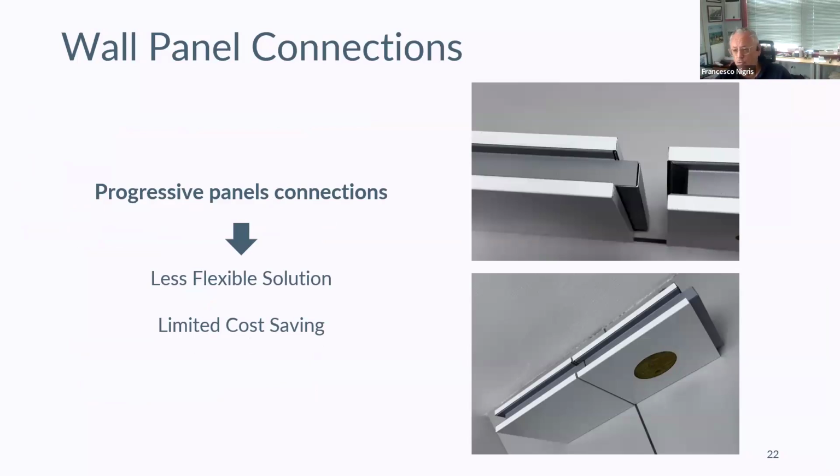We have it, but we always discuss with the customer whether one solution is better than the other. If you know that you're building a clean room where you will never make any changes, there is no reason to go with a more expensive non-progressive solution, which takes a little bit longer even during installation.